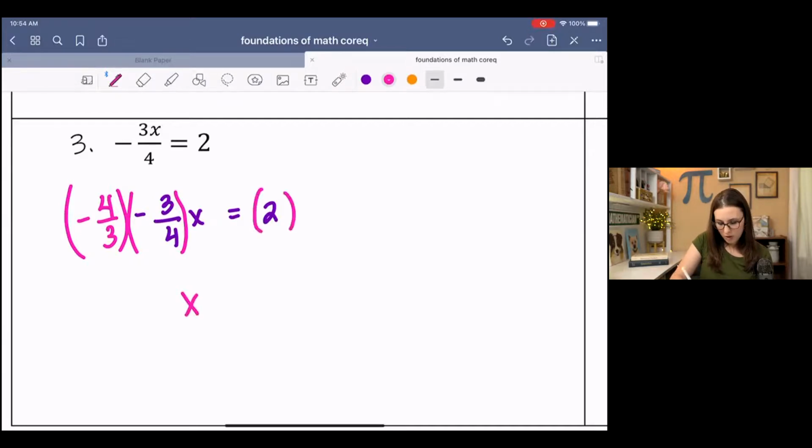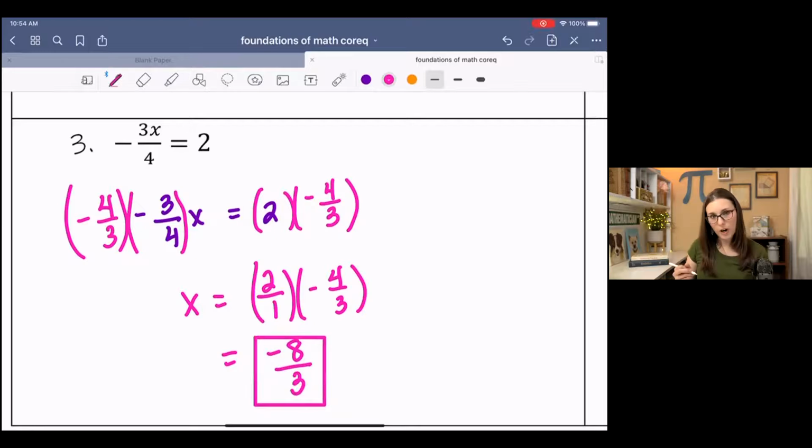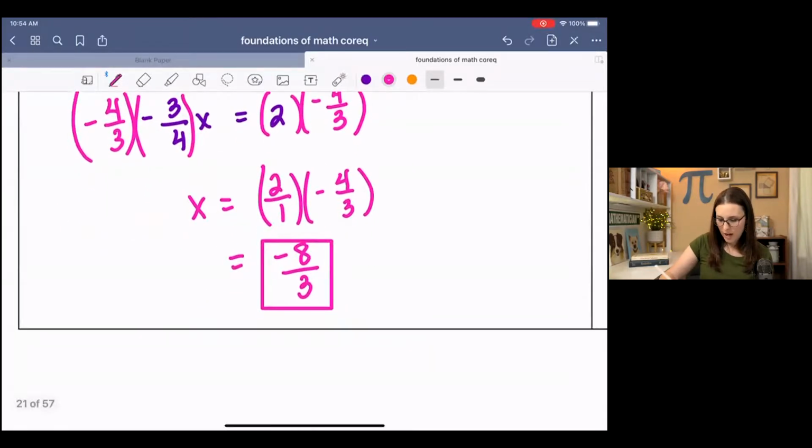Oops, you know what? I need to multiply on both sides. Almost missed that. And to multiply a fraction by a whole number, you can put the whole number over 1 and then multiply straight across. And that would be your answer. This is an improper fraction. If it wants it as a mixed fraction, you're going to go ahead and divide that to convert it to a mixed fraction.